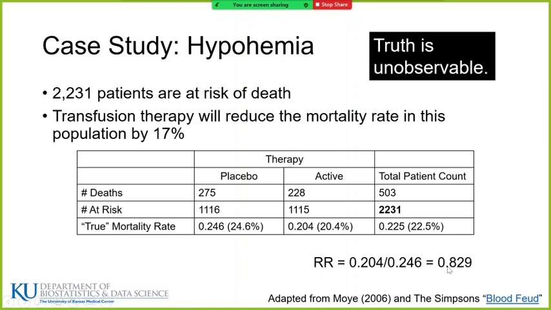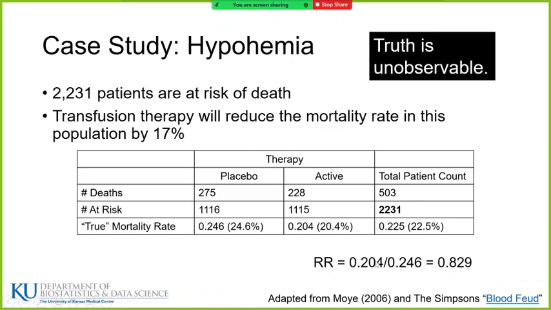So how do I interpret that 0.829? If the risk was the same in both of the groups, then the number on the top of this fraction and the bottom of the fraction would be the same, and we'd end up with a risk ratio of 1. So risk ratios of 1 are kind of like differences of 0. So you have no difference here. If it's less than 1, then that means that the risk on top is actually smaller than the risk on bottom.